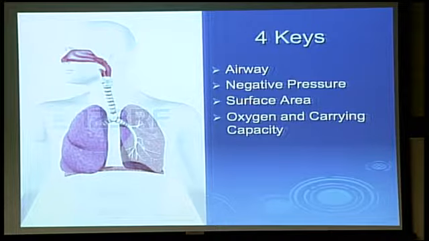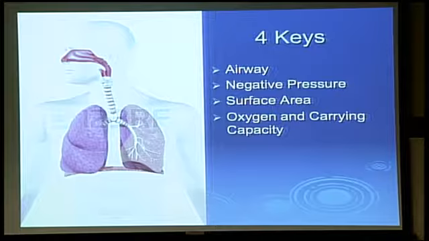You need to have surface area within the lungs where the gas can exchange, and then you need to have oxygen, and you need to have the capacity to carry the oxygen and the capacity to carry the carbon dioxide. As we go through the different respiratory disorders, I'm going to use this framework to organize how we treat them.